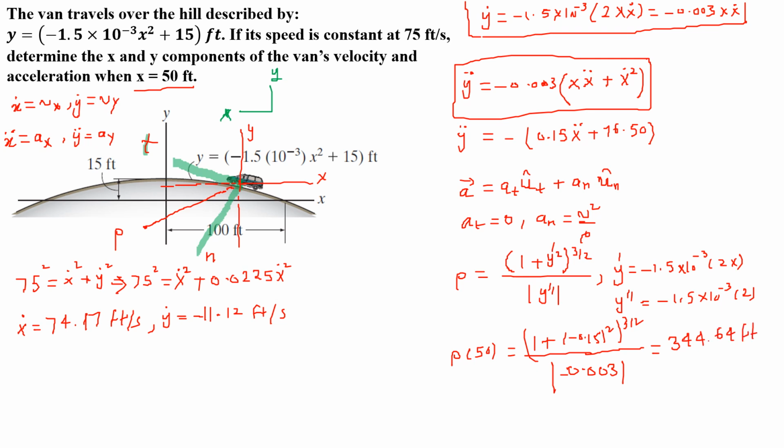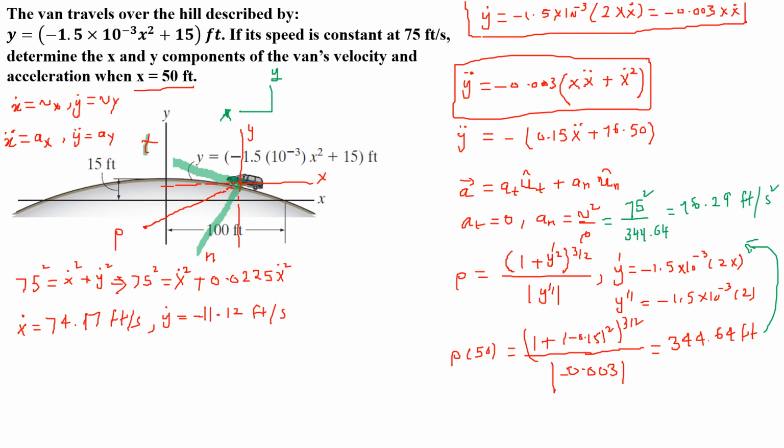So that's my radius of curvature. Now let me come back to this formula to find a_n. It will be equal to 75 squared over 344.64, and I got the answer to be 16.29, to 4 significant figures, feet per second squared.